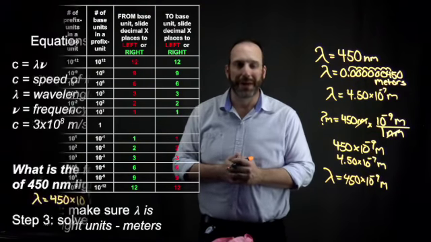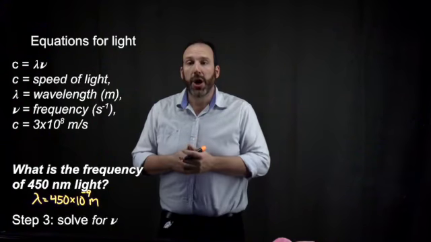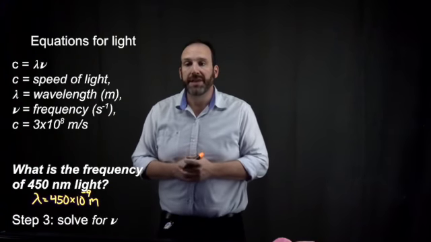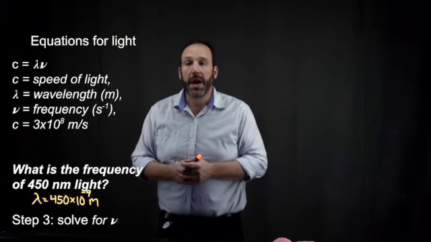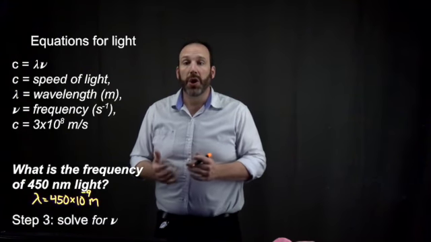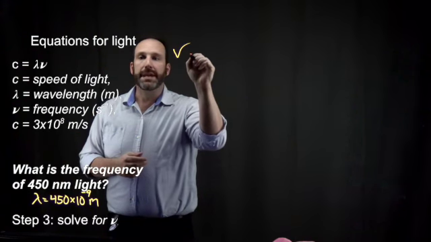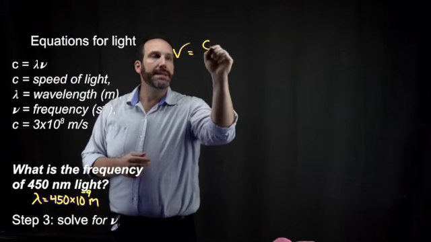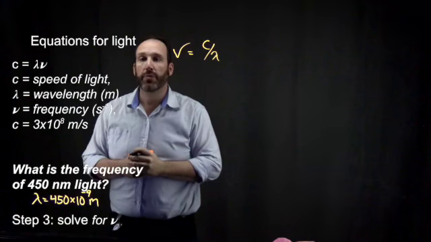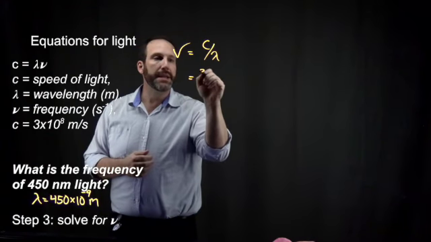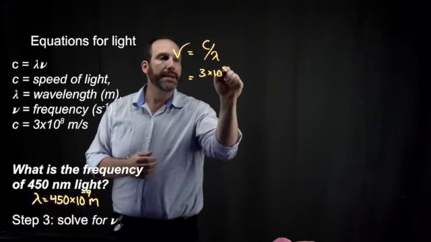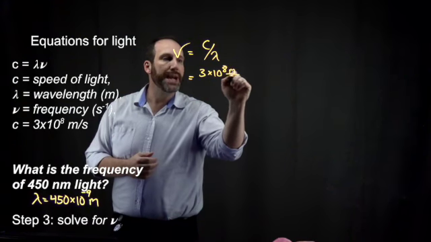All right, well, now that I know that my wavelength is 450 times 10 to the minus 9 meters, I've got everything that I need to solve this problem. Before, we figured out that frequency was going to be equal to c over lambda. And of course, I know that c is equal to 3 times 10 to the 8th meters per second.